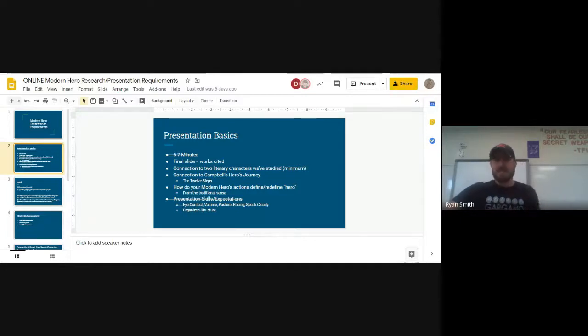It's going to be a lot about looking at the person you're assigned, doing some research and figuring out what makes them heroic, giving us some background, and then comparing them to the heroes we've read about in class. I get that some of these are from the early 1900s or so, but that's still a lot more modern than the Iliad. How do they compare to that historical, traditional, classical definition of a hero?